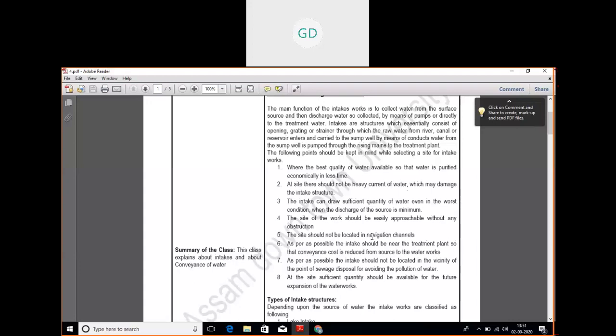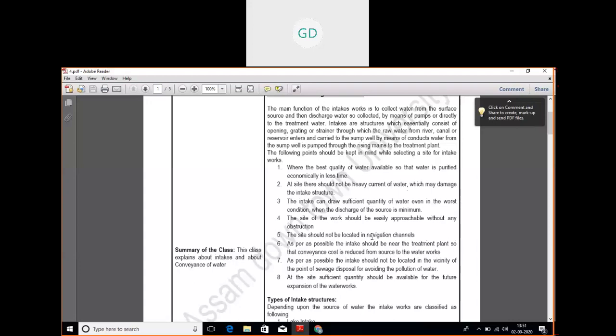The next is that the intake must be located in the purer zone of the source, so that the best possible quality of water is withdrawn from the source. That means the water should not be dirty.